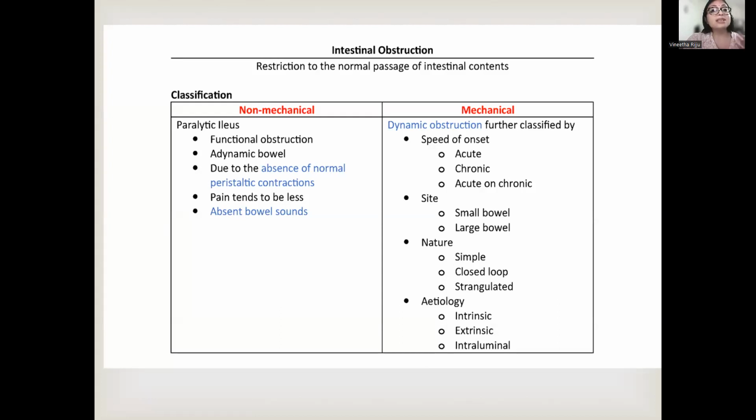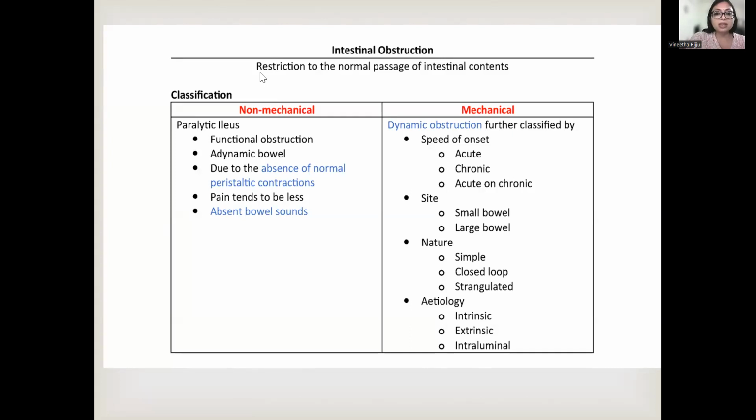The ileus is basically paralyzed here. It could be a functional obstruction. It could be an adynamic bowel. Can you give me a very common reason for it? Yes, Dr. Jennifer says electrolyte imbalances. Electrolyte imbalance, like say hypokalemia. Yes, a lot of you will agree to that.